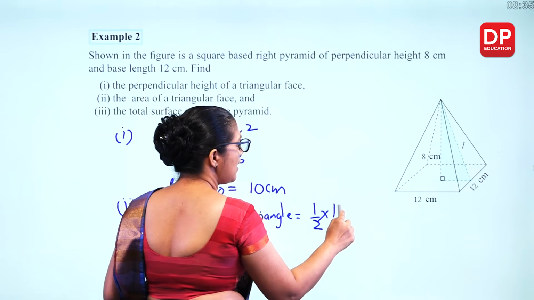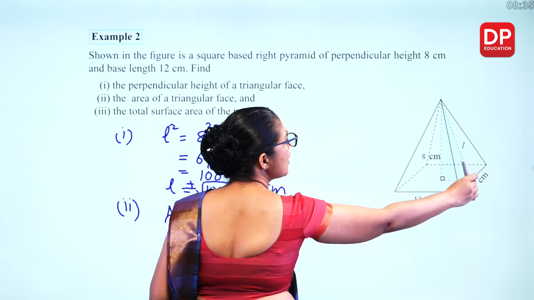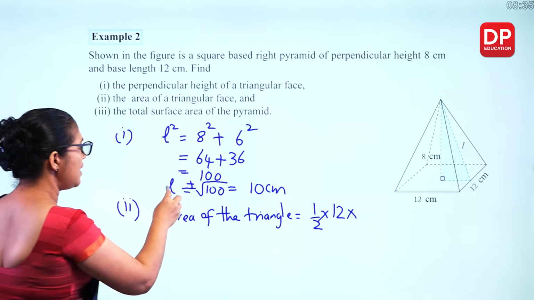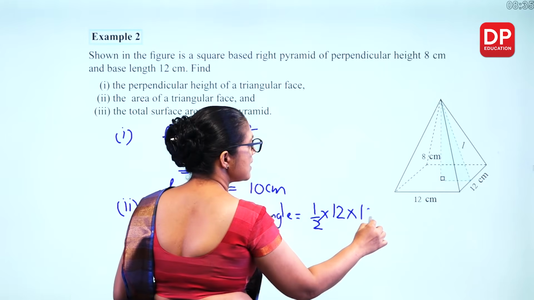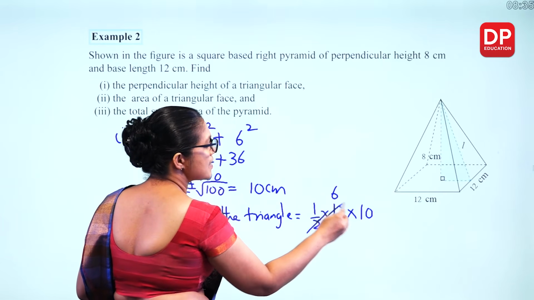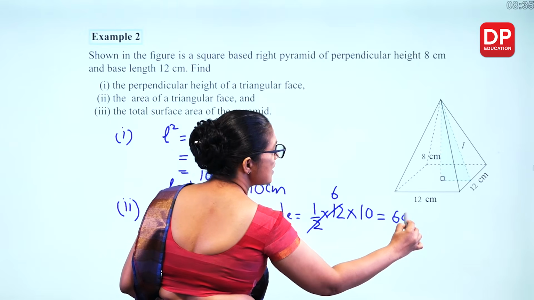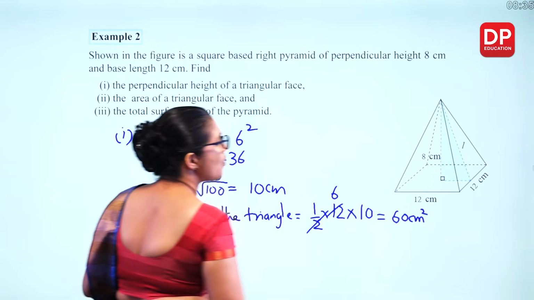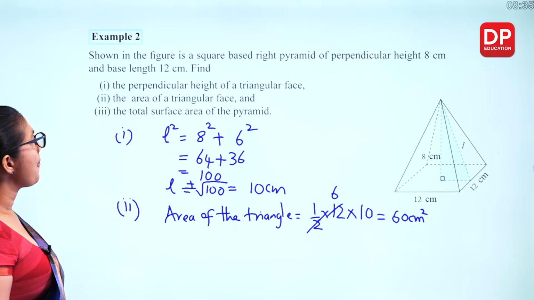Base length is 12 and the perpendicular height is L for that. L we found out, that's 10. When you multiply these, you get 6 times 10, 60. This is area, so 60 square centimeters.